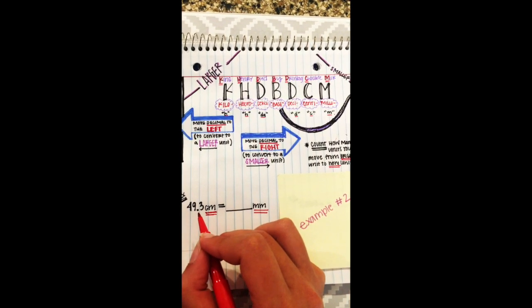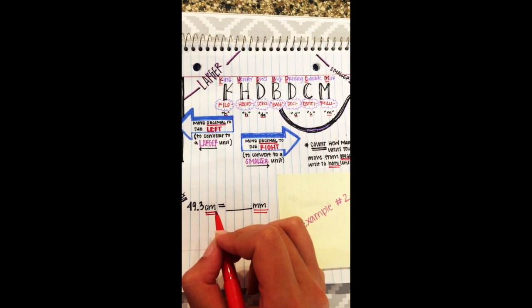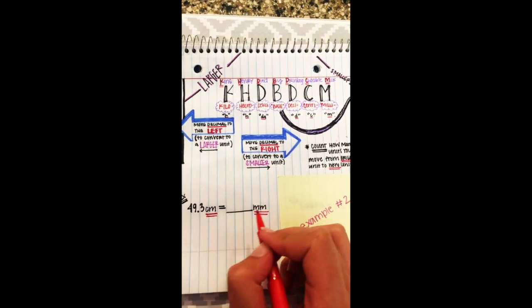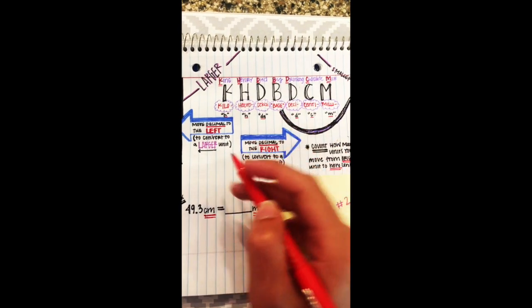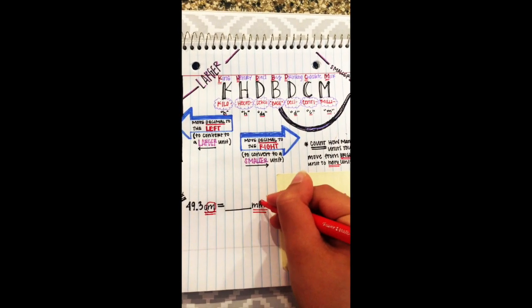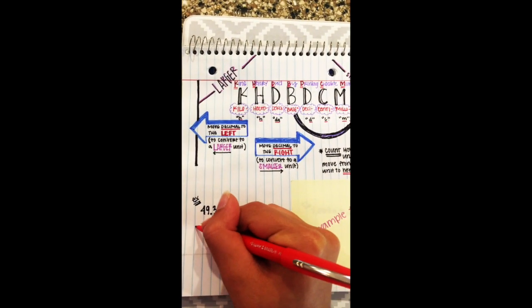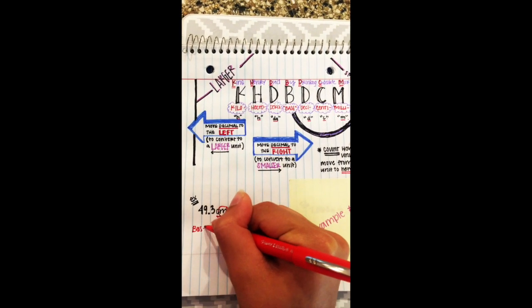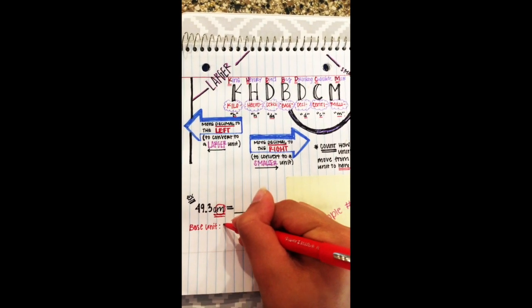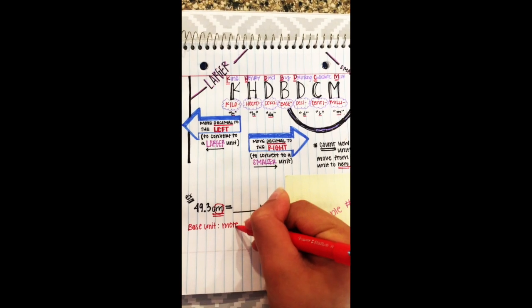So, for 49 3/10 centimeters, the first thing I am going to do is identify my base unit. So, right here, it gives it pretty directly. Our base unit is meters.